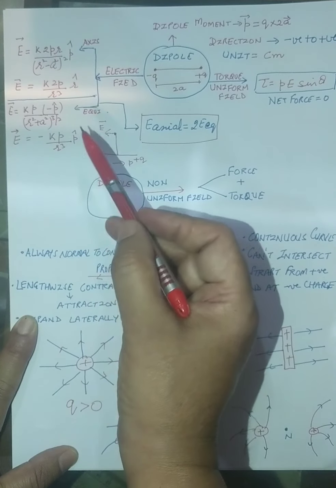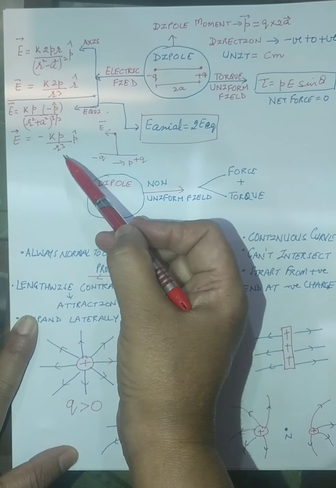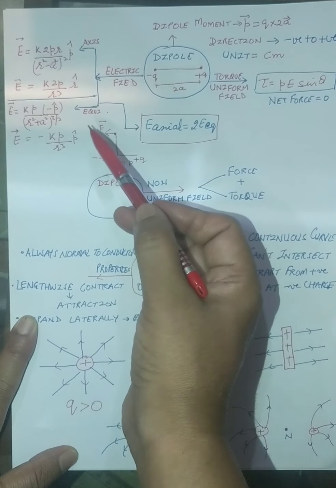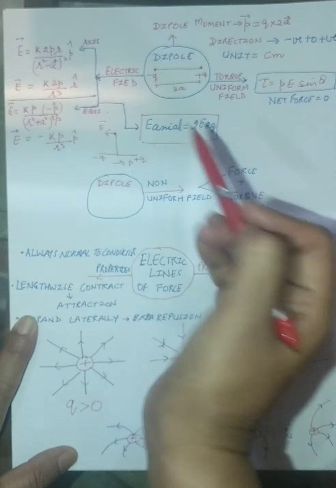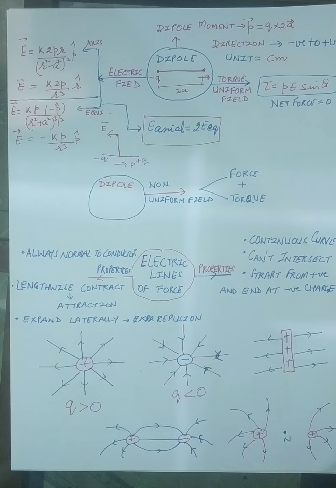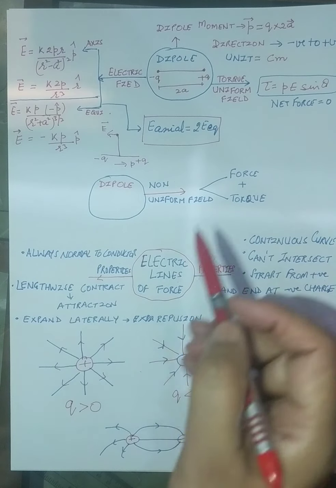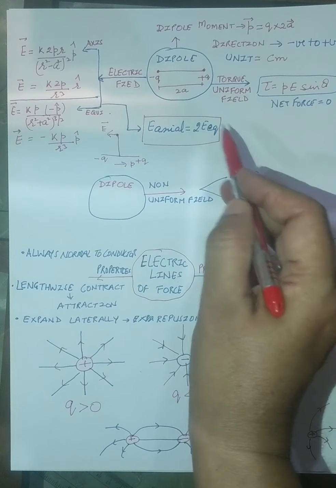Alright, and if you take the special case, it's minus kp by r cube into p cap. So these are two formulas you should learn: on the axial it is 2kp by r cube, and in the case of the equatorial axis it is kp by r cube. From here you will learn a very important relation, and again a 1 marker can be asked on this.